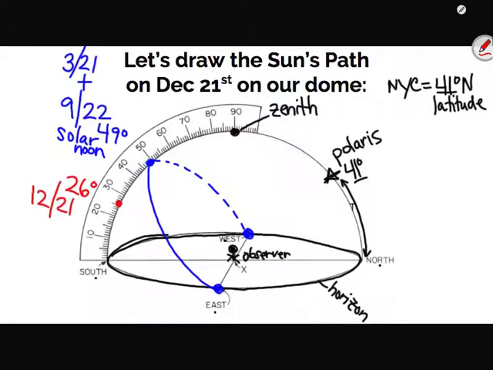That's our winter solstice. And we saw that it's not going to rise exactly in the east. It's actually going to rise a little bit south of east, and it's going to set a little bit south of west. So again, I'm going to draw my pathway. I'm going to curve that pathway from sunrise up to solar noon. And then I'm going to make a dashed line from solar noon down to where it sets in the west.